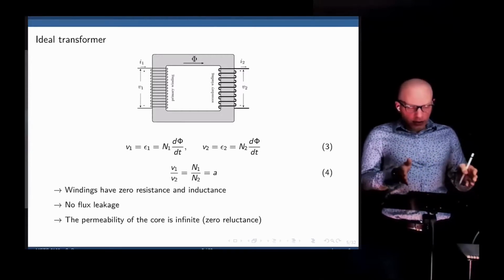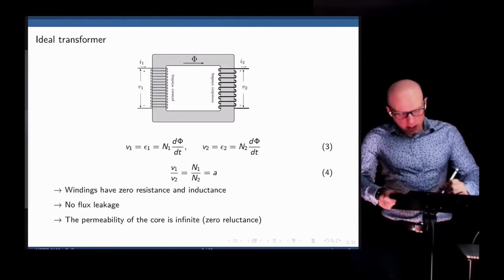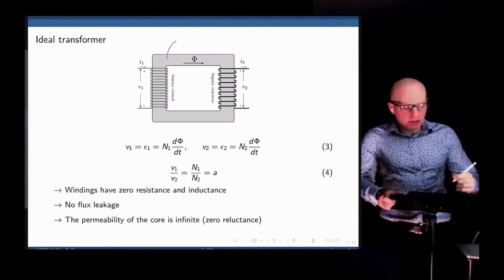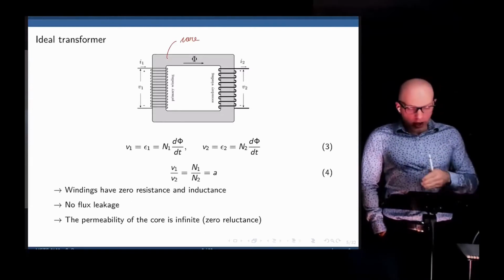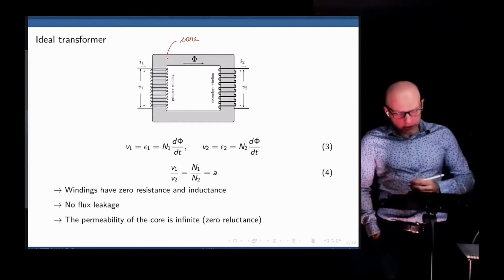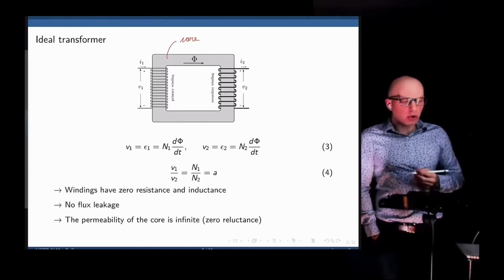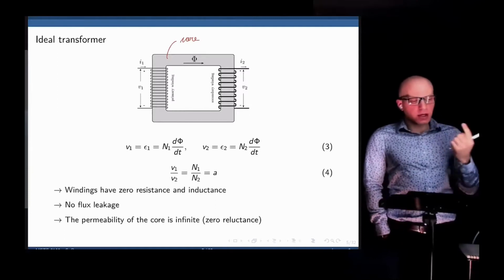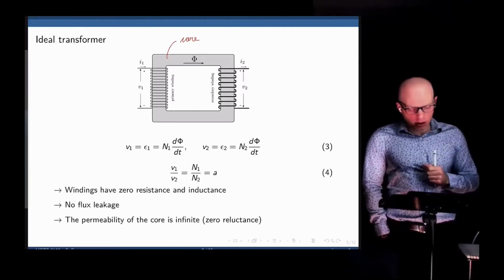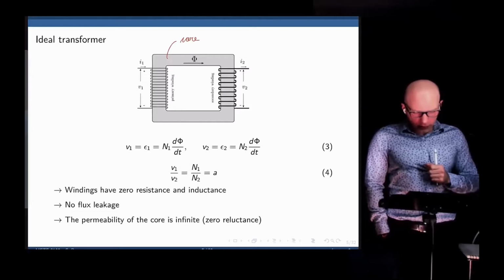In this example here, from this configuration, we have an iron or a high permeability core, typically iron or something with a relative permeability that is very high. We have a first winding, let's call that the input, or we can call that the primary winding as well. It's simply a coil that is wrapped around the core.